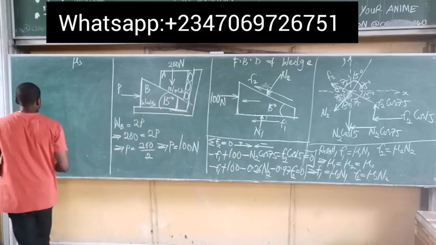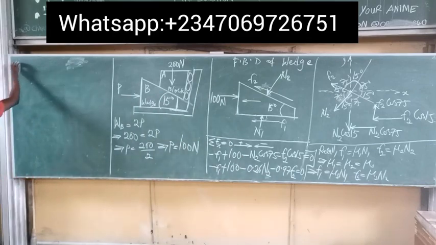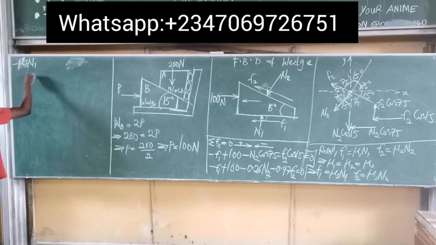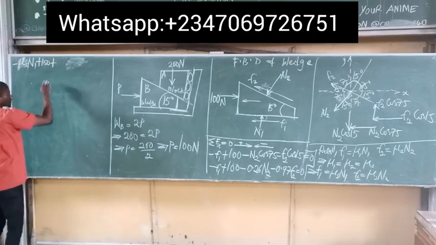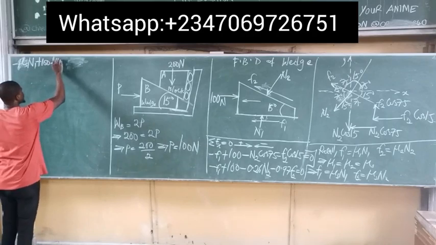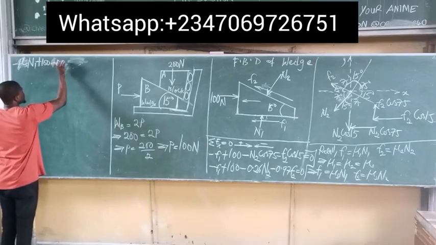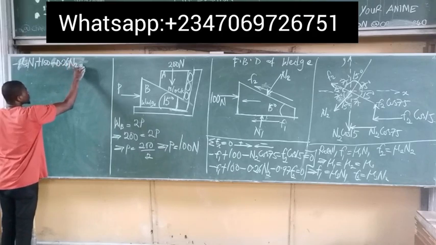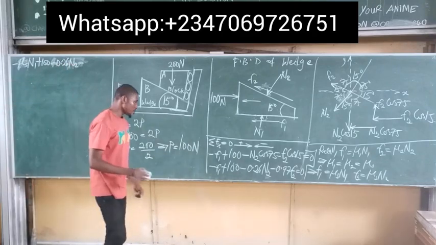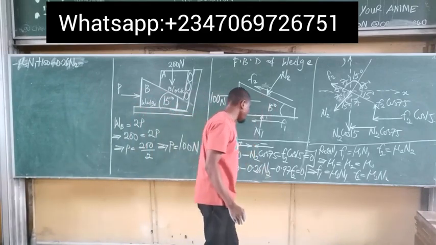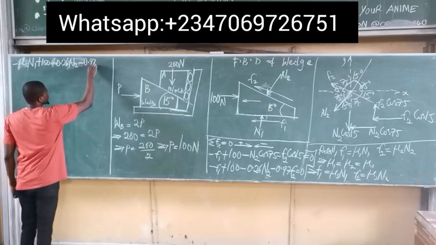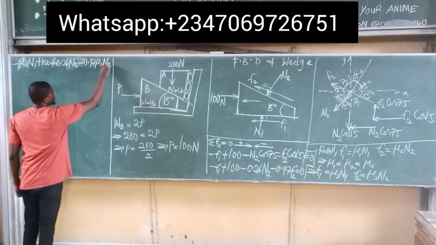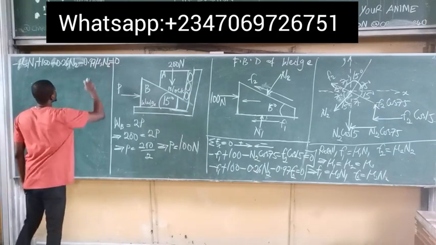We are simply going to have for f1, minus mu x times n1 plus 100 plus 0.26 n2, minus 0.97 mu x n2 in place of f2 there, and this is equal to 0.